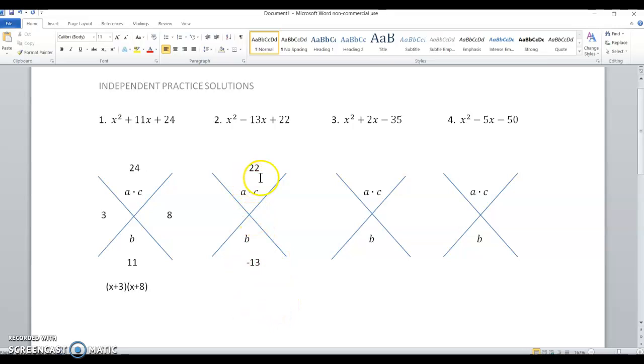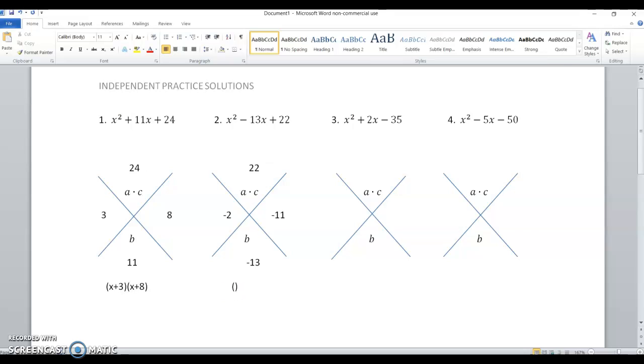So we have 1 and 22, negative 1 and negative 22. Well, that's negative 23, so that doesn't work. Negative 2 and negative 11. Negative 2 and negative 11 is negative 13, so those will work.